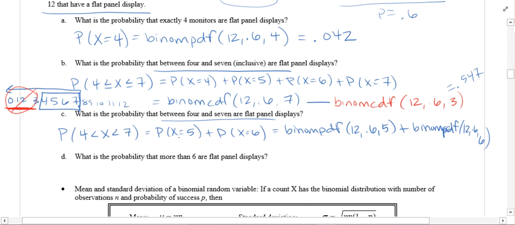So just adding up the 5 and the 6. Go ahead and type that in your calculator. Make sure you're using PDF, not CDF, the individual one. So when you calculate that, we should get 0.277.